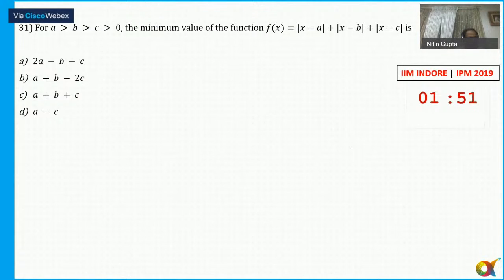The timer has already started. What is the answer for question number 31? Please tell me.